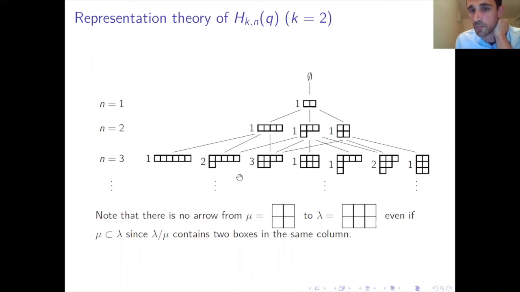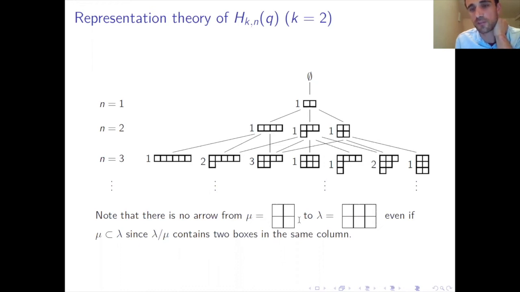But there is an important rule here. It's actually equivalent to the Littlewood-Richardson rule. You see, from this partition, I don't have the one with 2 lines, 1 box, 1 box. Why not? Because it's forbidden to add 2 boxes in the same column.